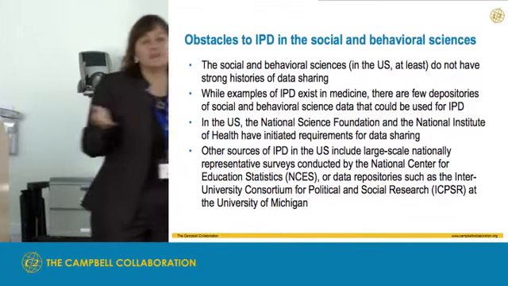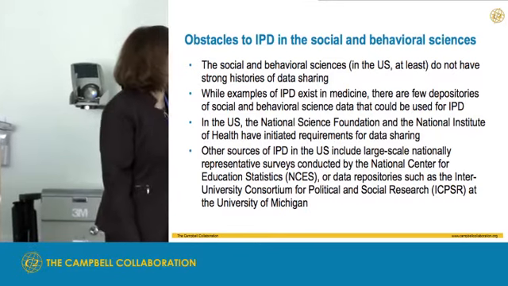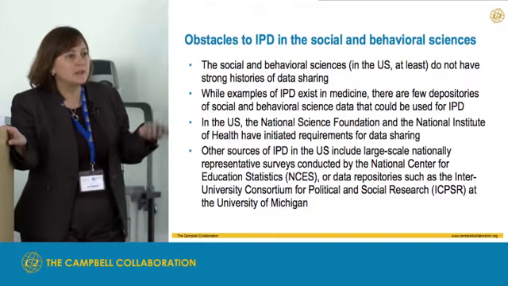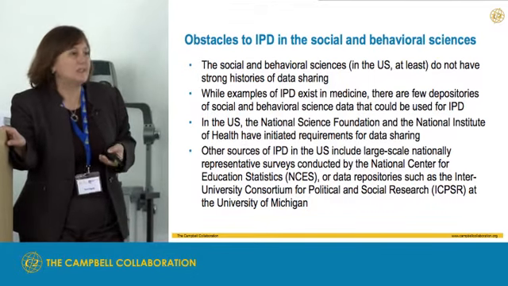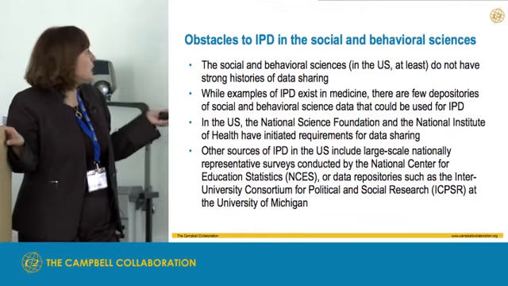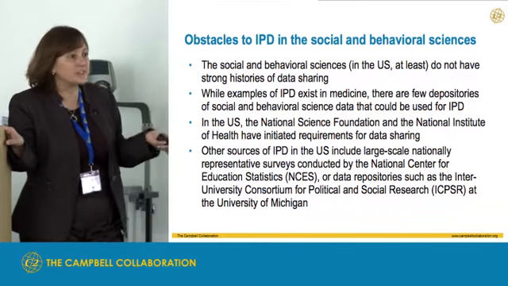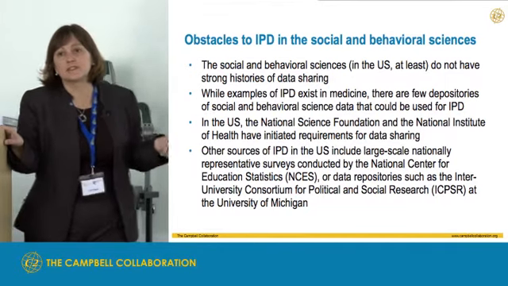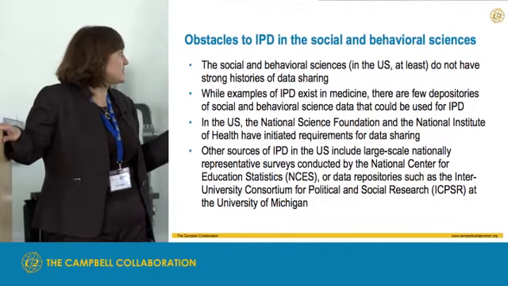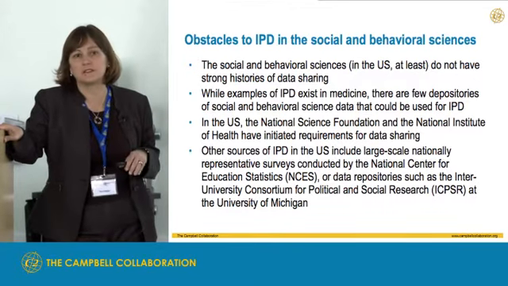So there are very few repositories of this kind of data, at least in the US, that could be used for IPD. The National Science Foundation and the National Institutes of Health have begun to require some data sharing plans. I don't know how long it's going to take for us to actually have access to some of these. We also have access to large-scale, nationally representative survey and observational data sets conducted by the National Center for Educational Statistics and other places like that, and data repositories such as the Inter-University Consortium for Political and Social Research at the University of Michigan.